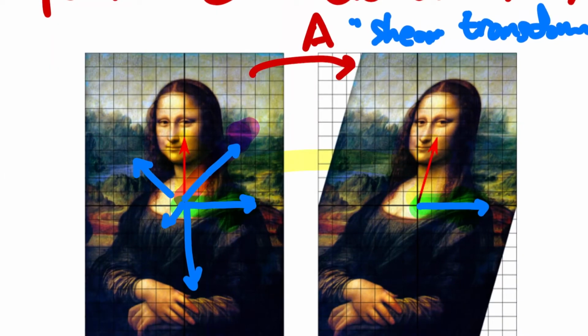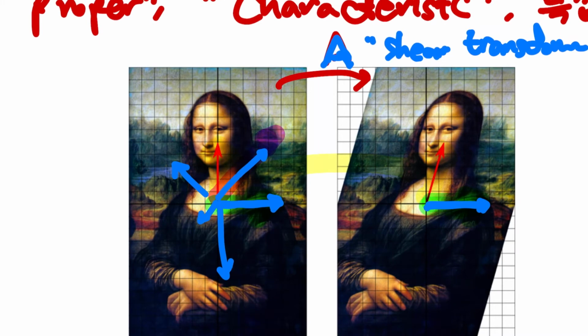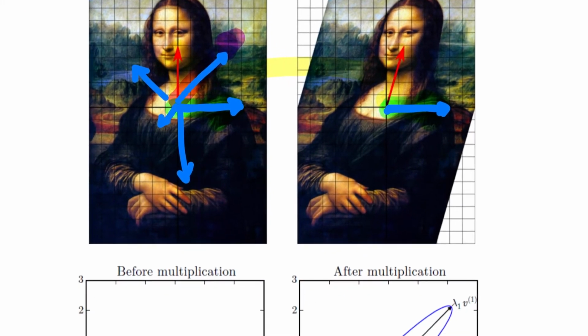Why? Because we can understand that this vector will remain after multiplication, and the length of the vector after multiplication will be such and such. Then we can understand how matrix A, or the transformation A, makes the output space look like this. So that's why we study eigenvectors and eigenvalues.